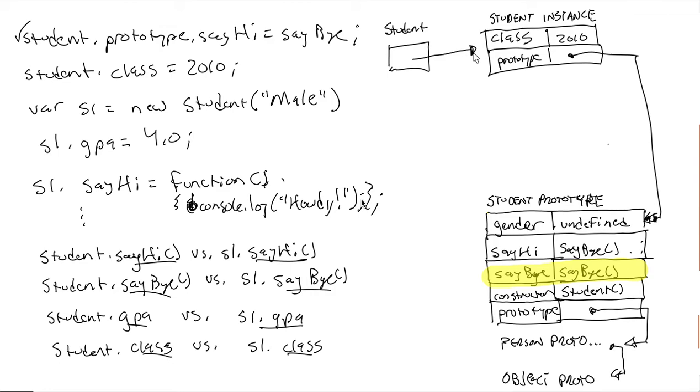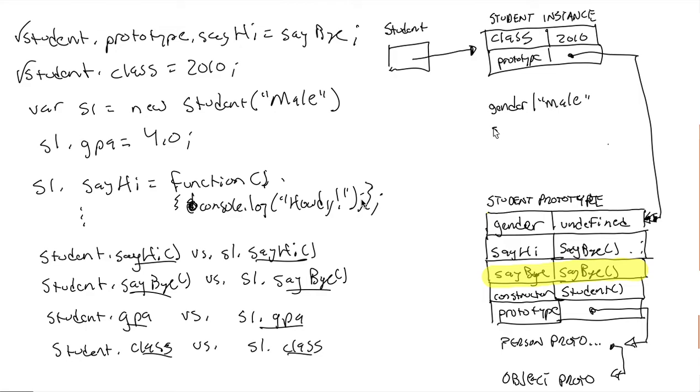Now, the next thing we're going to do is create s1 by doing a new student. All right, so we're going to invoke the student constructor. That means we're going to create a student instance. That student instance is going to have everything that we would expect a regular student instance to have, which is gender, male.